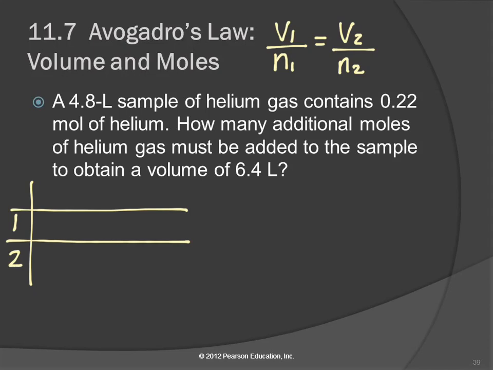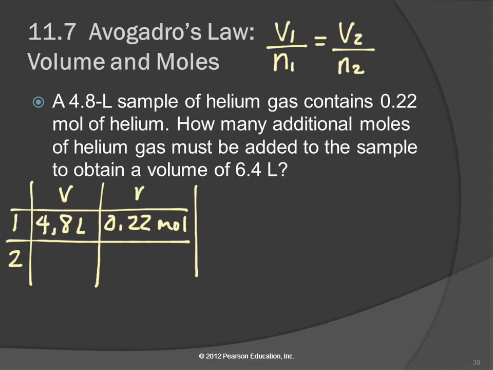4.8 liter sample, so that's a number, 4.8 liters. Liter is a unit of volume, right? It doesn't say the volume is 4.8 liters, but we should understand that by knowing what liter measures. It measures volume. 4.8 liter sample has 0.22 moles.